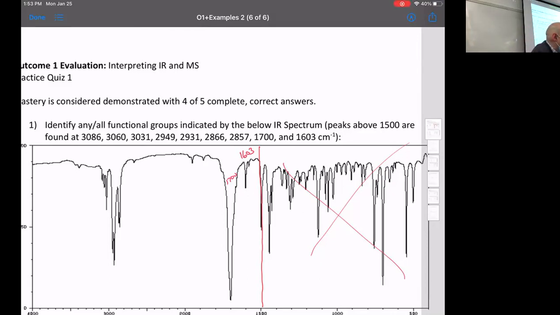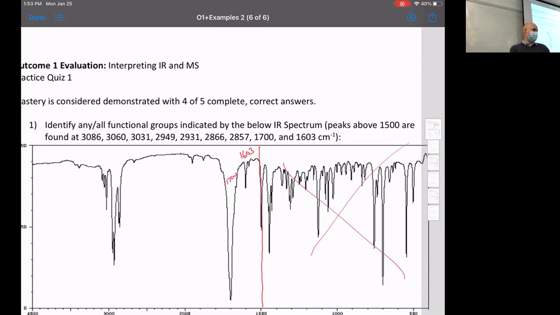It was for ketones or aldehydes or any of that stuff. 1710? Great. 1710 is where we would expect a carbonyl to show. But an amide shows up 50 less, around 1660-ish, because of resonance.